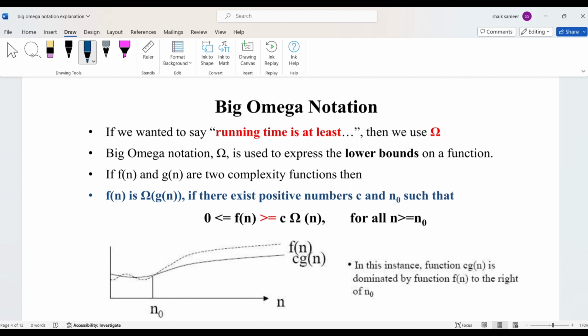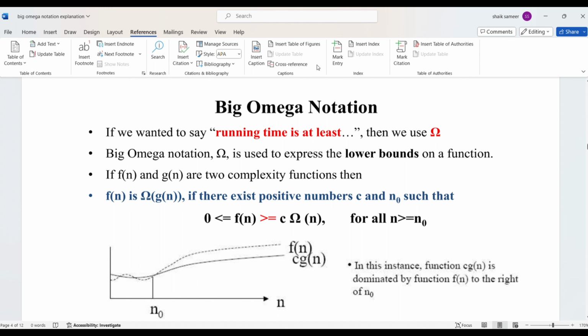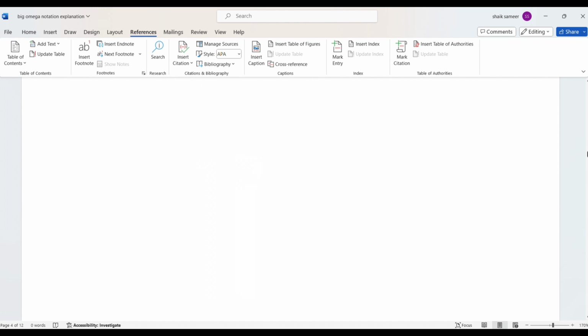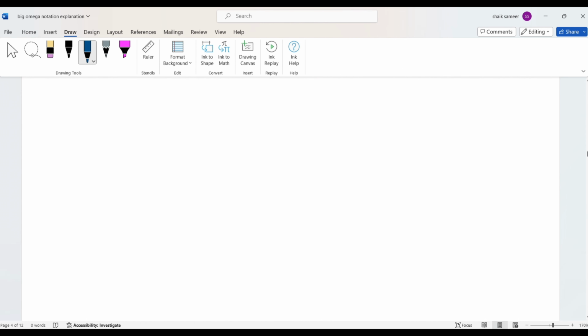Similarly to how we discussed big O notation, I will write the definition of this big omega notation.